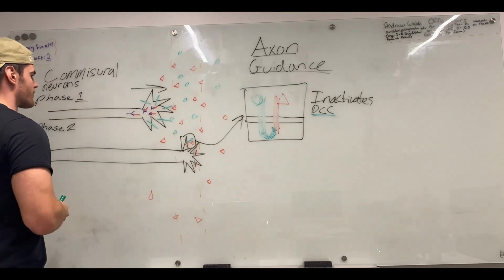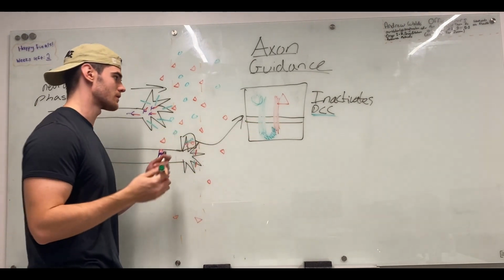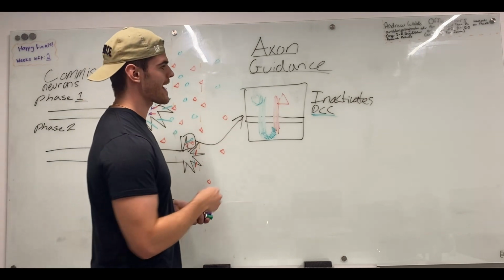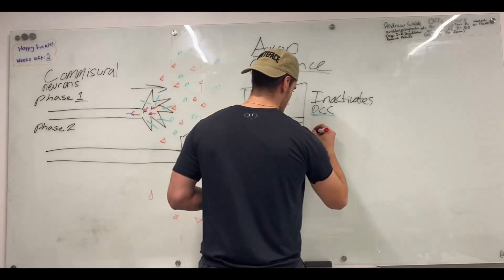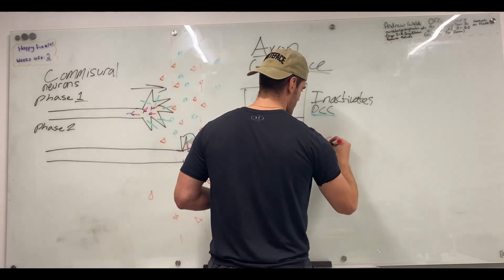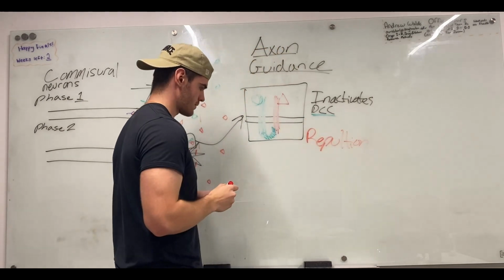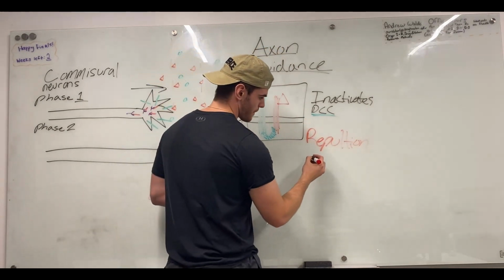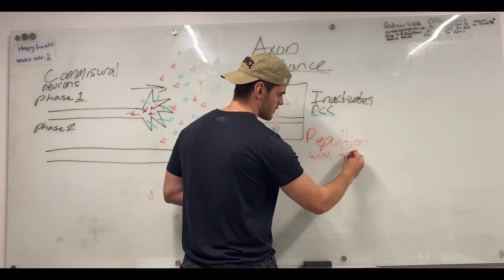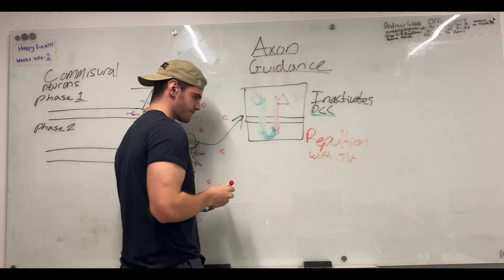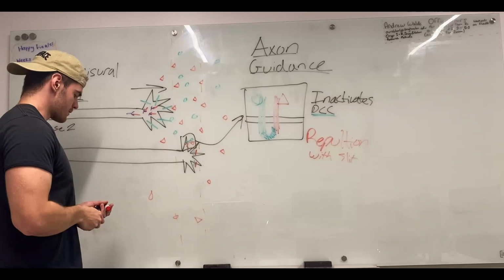Okay, so now we're switching from the attraction of DCC to netrin, inactivating the DCC. So now we're at repulsion with slit. So it's phase two.